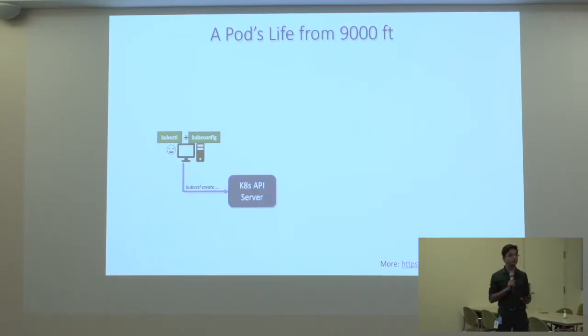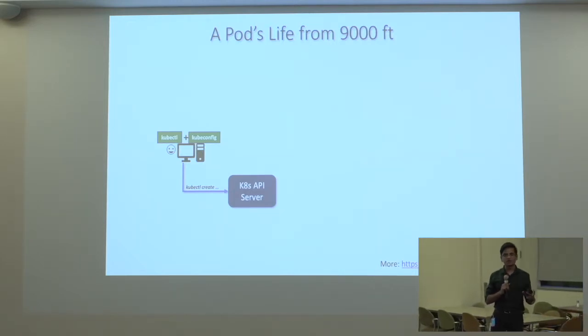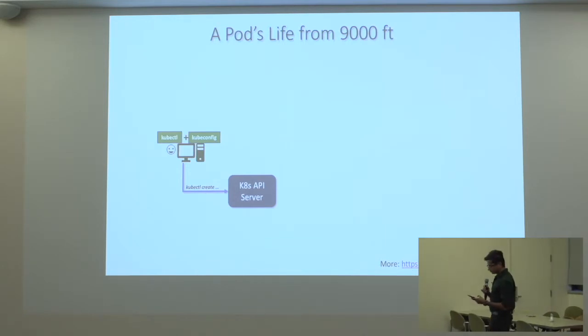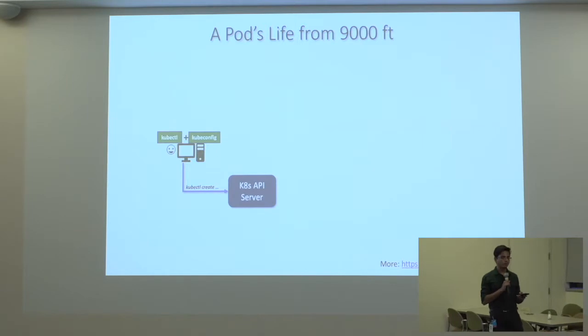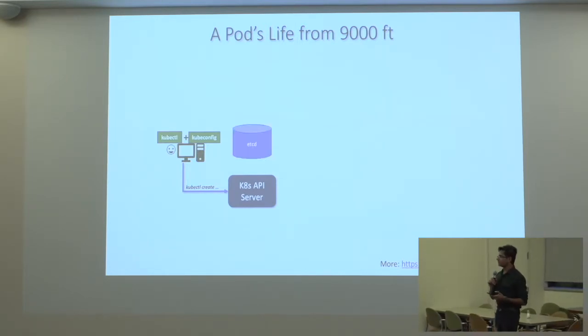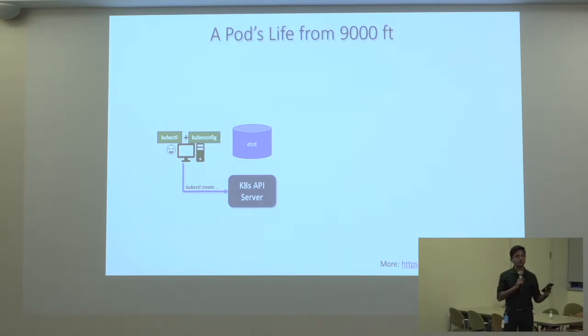You do a kubectl create, and you create a deployment, which triggers a pod. Let's say for simplicity, you're creating a pod. It goes to the Kubernetes API server, which is a control plane component. The API server does a bunch of things internally, but after all the validations, it will store this into etcd.